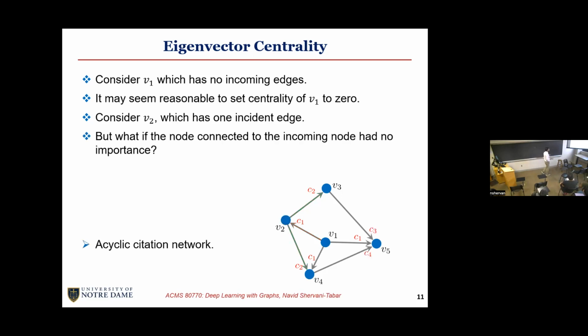We can look at this graph and see every node in this graph is getting its importance from node V1. Node V2 is getting it from V1, and V4 is getting it from V2 and V1. So again, it's going to be 0. Then V3 is getting it from V2, 0, and V5 with 3 in-degrees is going to have 0 importance or eigenvector centrality. So this can't really be the case.